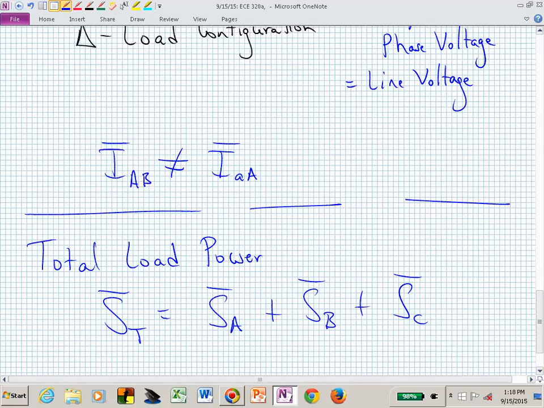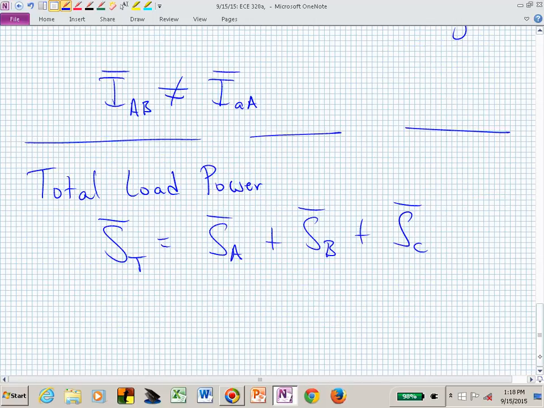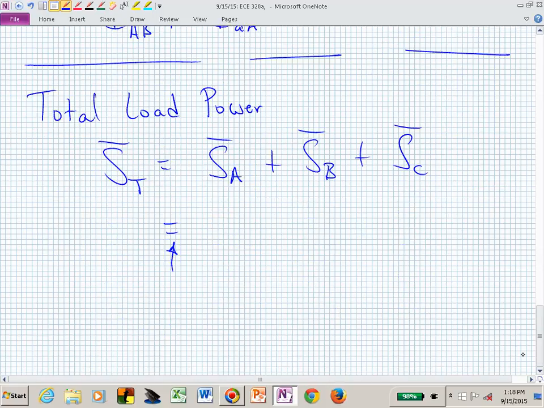I'll add those up, and that's the total load power. If our system is balanced, then all of those different phases in the load are equal, and we could just look at the A phase, and abbreviate that and say our per phase complex power is capital S sub phi, and we just triple that to find our total complex power.